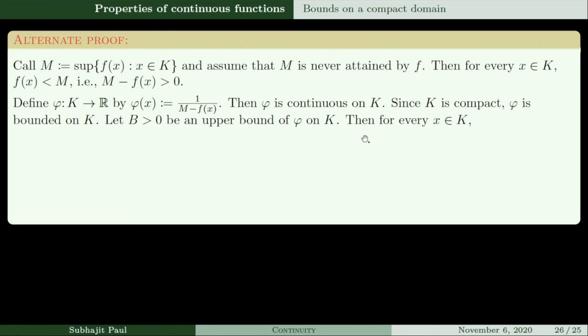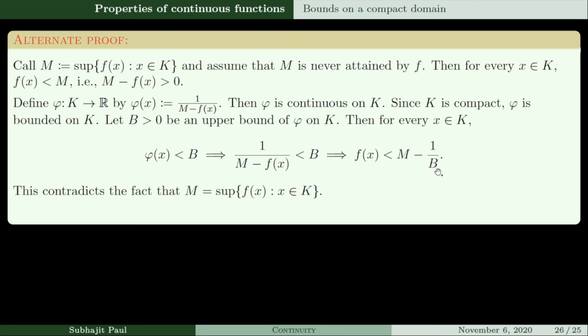Then, for every point x in K, phi(x) is smaller than B, but this implies 1 over (M minus f(x)) is smaller than B. That is the definition of phi. But this implies that f(x) is smaller than M minus 1 over B. This contradicts the fact that M is the supremum.